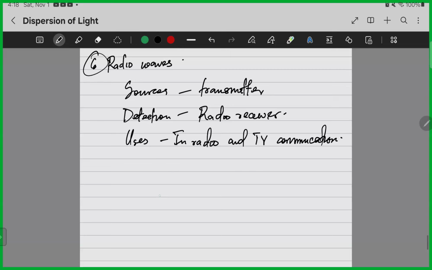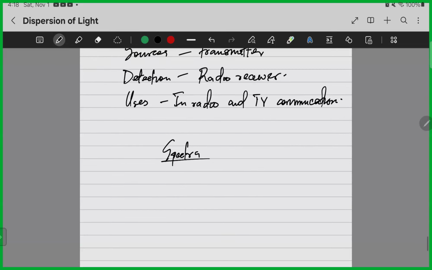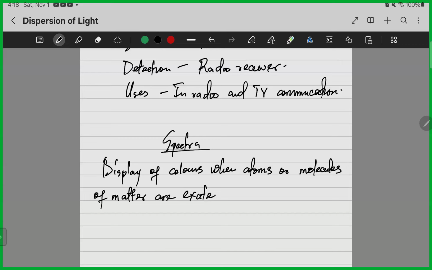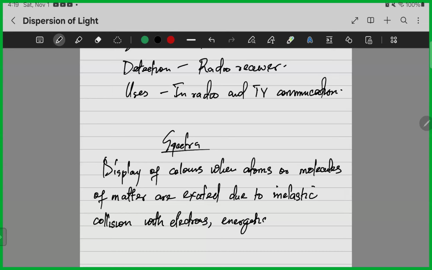Spectra is the display of colors when atoms or molecules of matter are excited due to inelastic collision with electrons, energetic molecules, or photons.